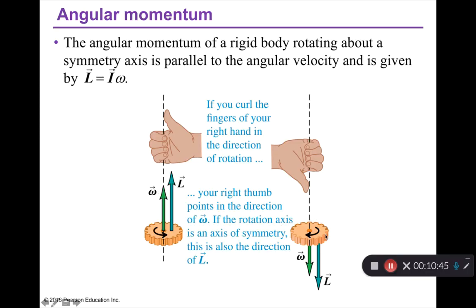If this sprocket were rotating around like this, then in order to curl your fingers around it, you would curl this way. Your fingers point in the direction of rotation. To do that, your thumb has to point down. So the angular momentum vector is down, and so is the angular velocity vector.